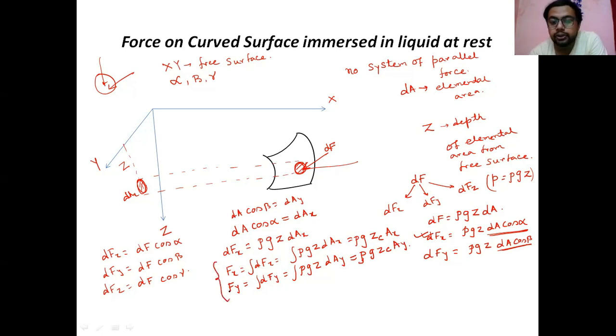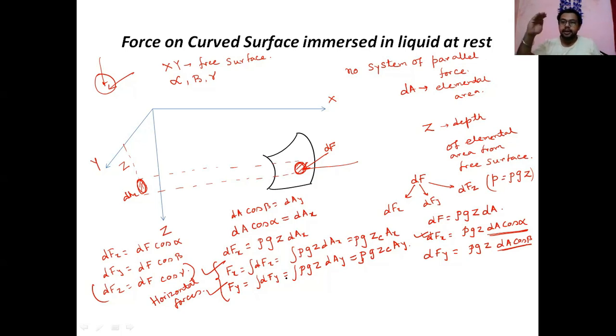So these two forces, Fx and Fy. What is the remaining? The remaining is Fz. That is the most important thing. These two forces, Fx and Fy, are horizontal forces. Now we are considering the vertical force, the most important. So the horizontal force is on the projected surface.